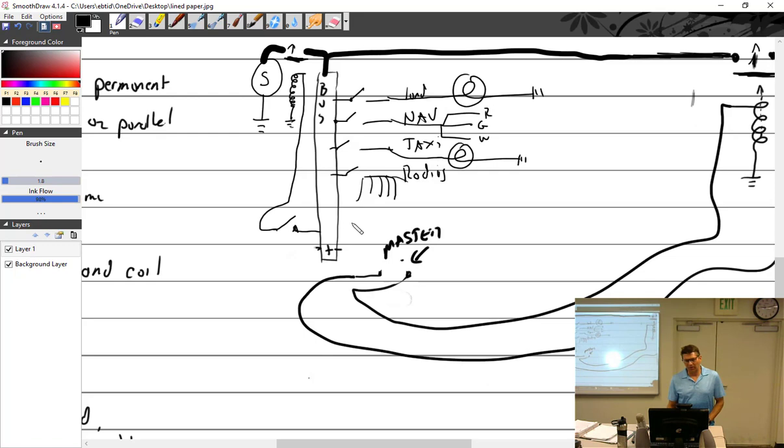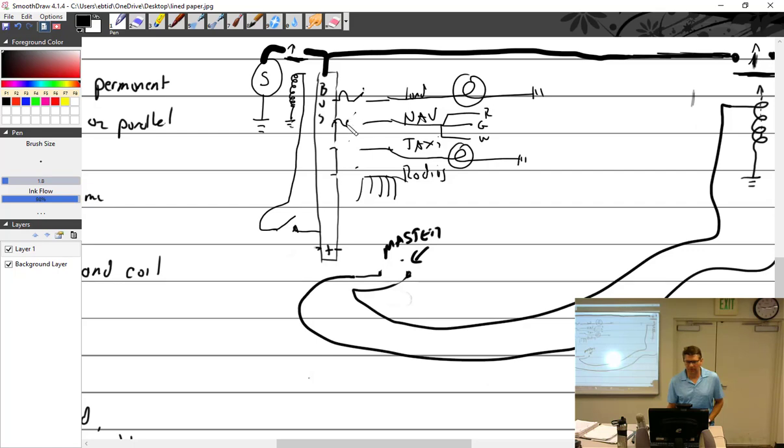Now, what I didn't draw in here, which I should have, is the switch doesn't actually come right off of there, because we forgot something. Circuit breakers. So the very first thing you want is the circuit breaker, then the switch.